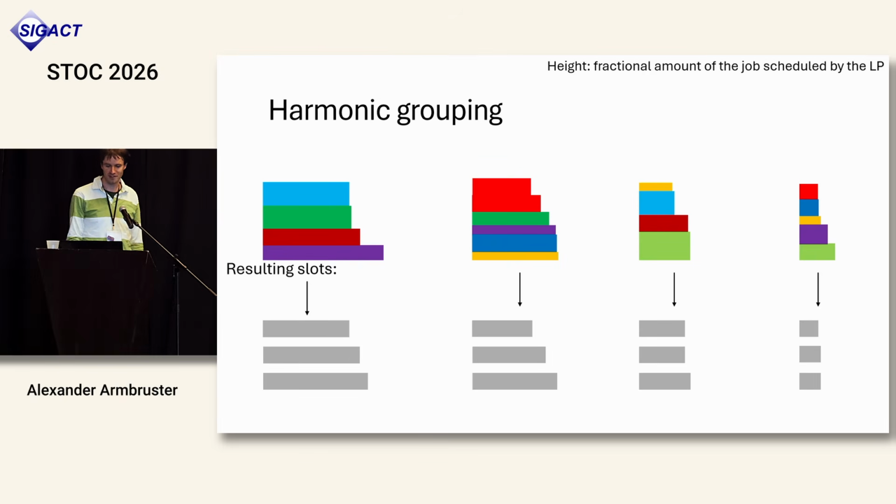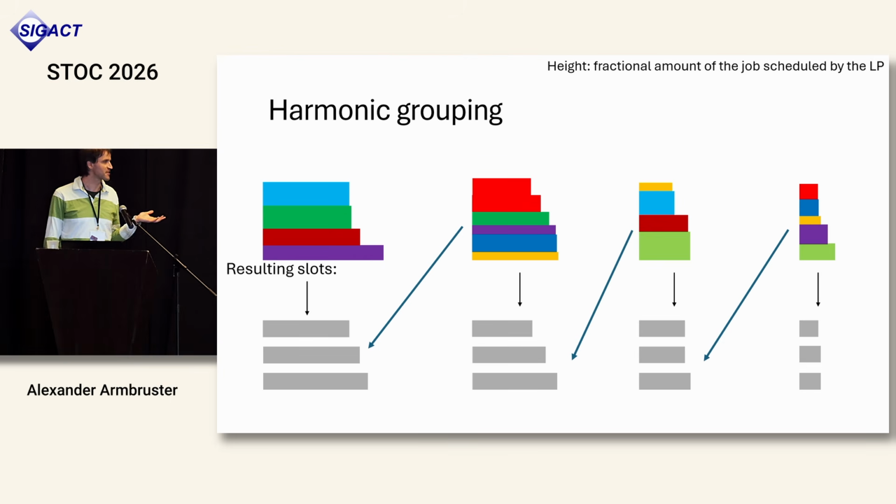So with sufficiently high probability, we actually know how many slots from each group we will get if we do this rounding. And now we can use the slots we got from the first group and fill them with jobs from the second group. And the slots from the second group can be filled with jobs from the third group, and so on. If you do this, the only empty slots are the slots from the last group.